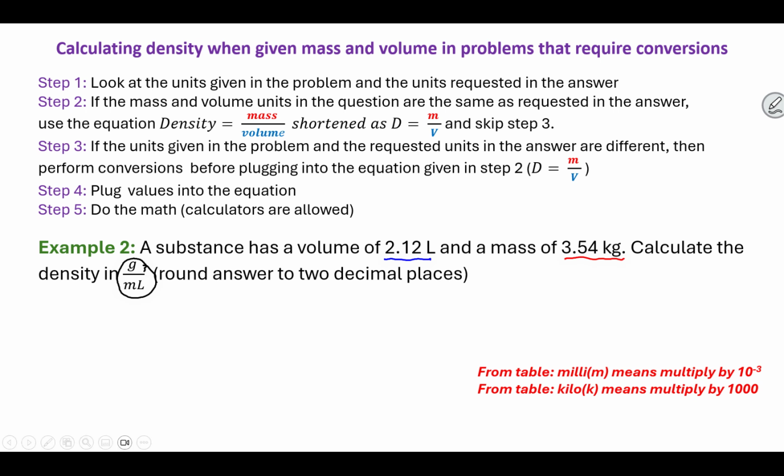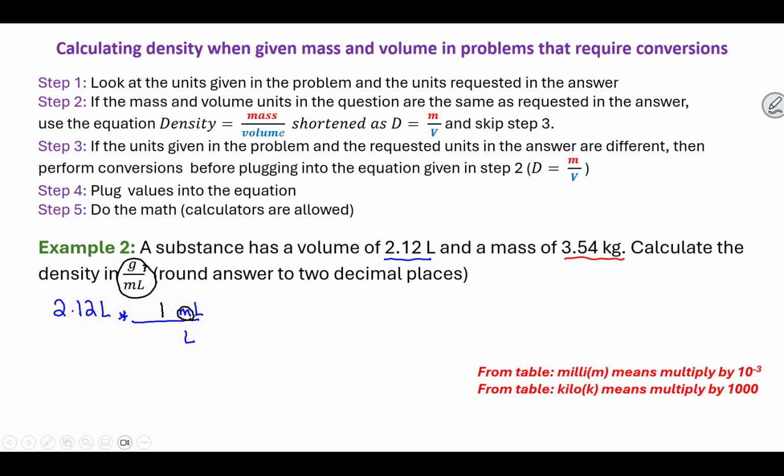So our plan is we're going to go from liters to milliliters, and we're going to start with our given 2.12 liters. We want liters to cancel, and we want to end up with milliliters. So liters goes on the bottom and milliliters on top. And then just like in the previous video on metric conversions, we're going to put a 1 in front of our prefixed unit, and looking at some kind of table, we look up the definition of milli.